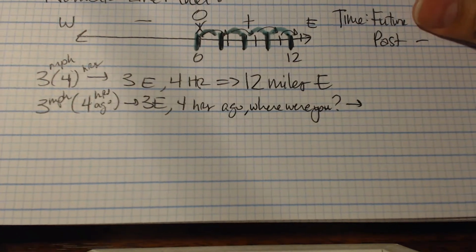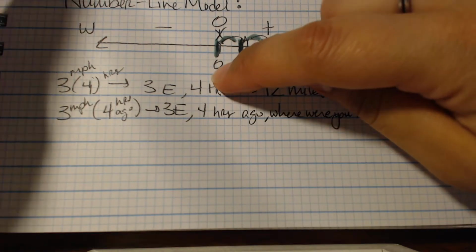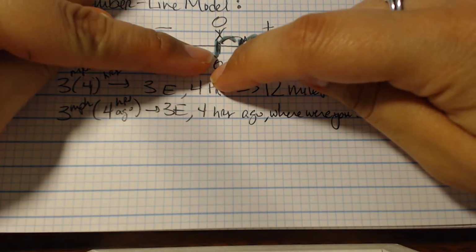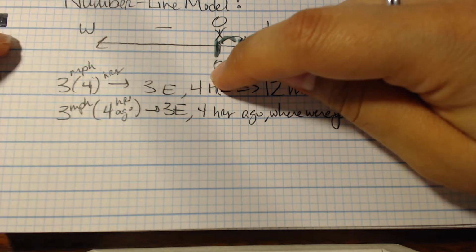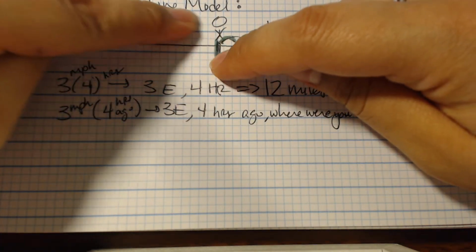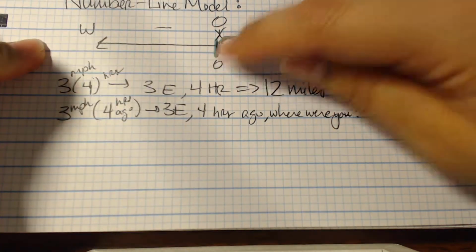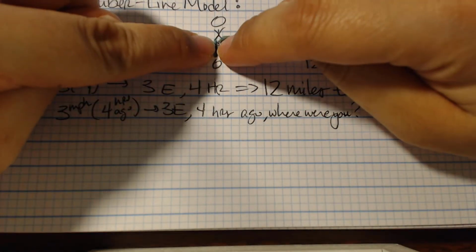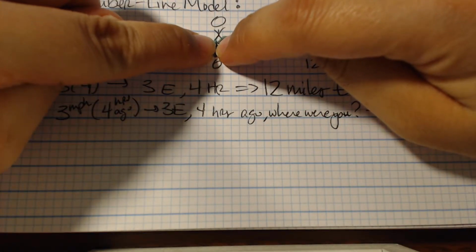Okay. So if you're at 0 now, and 4 hours ago you started walking 3 miles per hour east, that means you were walking this way. But we're trying to talk about where you started, so we're going to go this way. I'm so sorry about that. Let me repeat that. So you're at 0 now, okay?